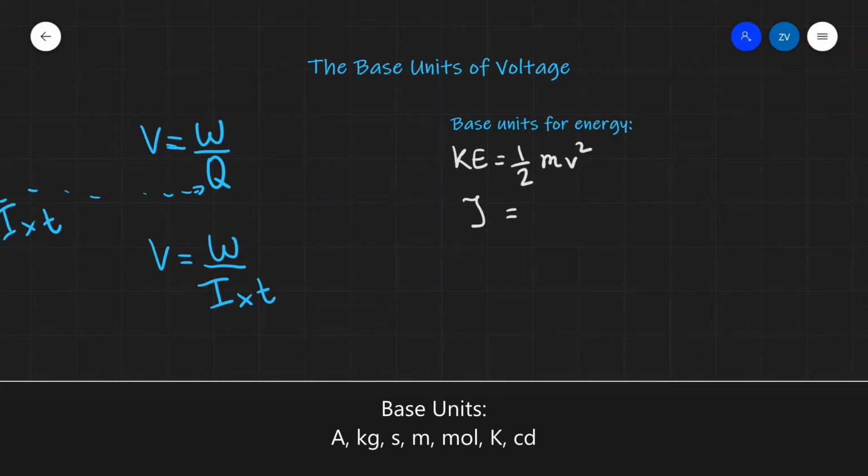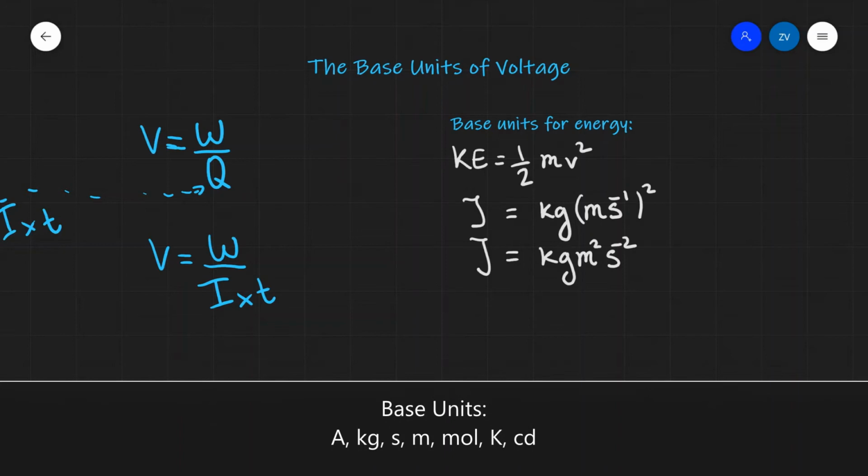Now, the half is going to contribute no units whatsoever because it's just a number. However, the mass will contribute some units, so mass is measured in kilograms, which is a base unit. V, the speed, is measured in meters per second. Then I'm going to be squaring this, so that means that a joule will be equal to kilograms meters squared s to the power of -2.